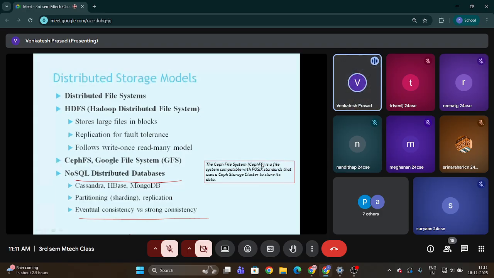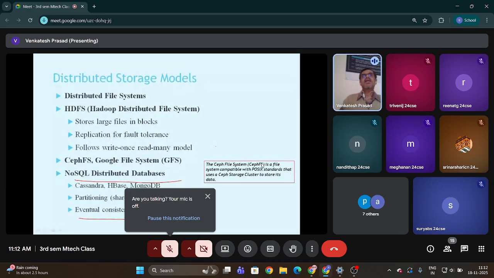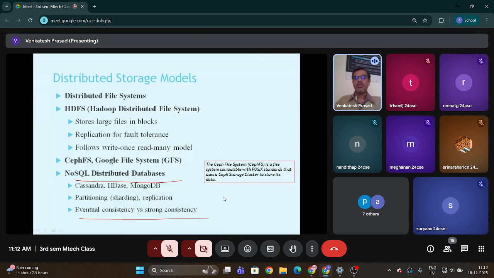Because next time you do a debit transaction, it can be connected to any server in the distributed system, any storage, any server. So you should be able to see your previous credit transaction. Otherwise, you won't be able to use that 10,000 rupees which you credited online. So if there is latency or if there is no proper consistency.